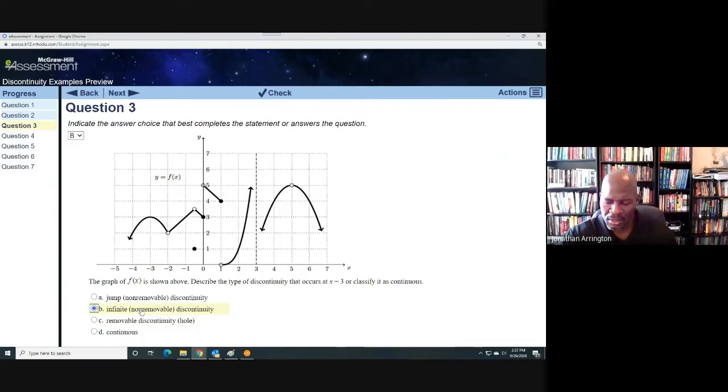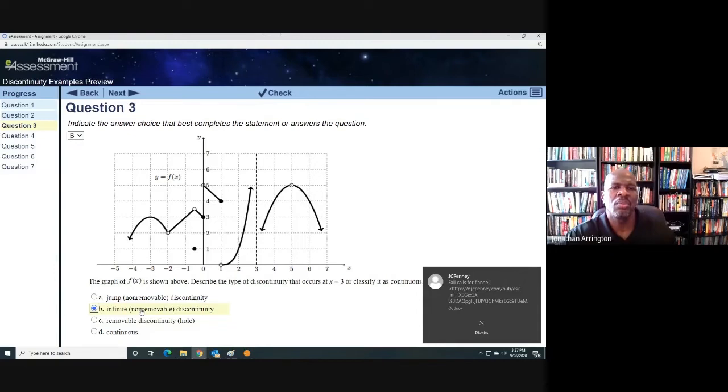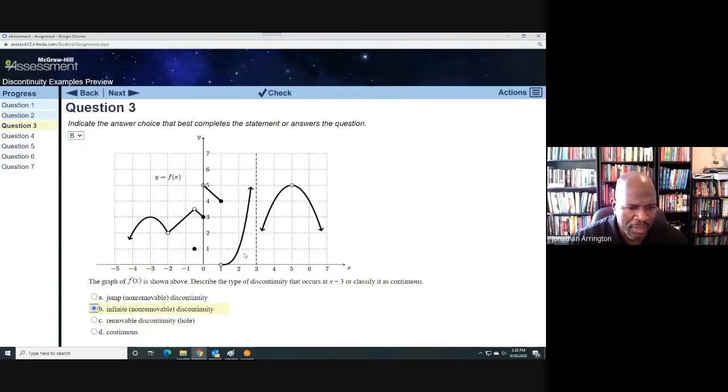When we look at these from an algebraic standpoint, you'll get an understanding of why those two are non-removable and the other one is removable. So this is definitely an infinite discontinuity. The graph is shooting to infinity and negative infinity to the left or the right of the point. Let's look at another one.